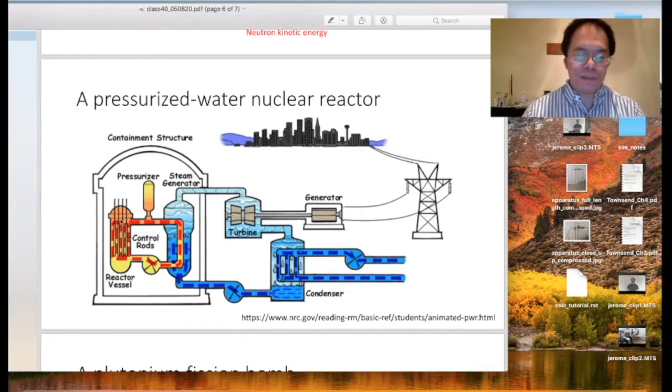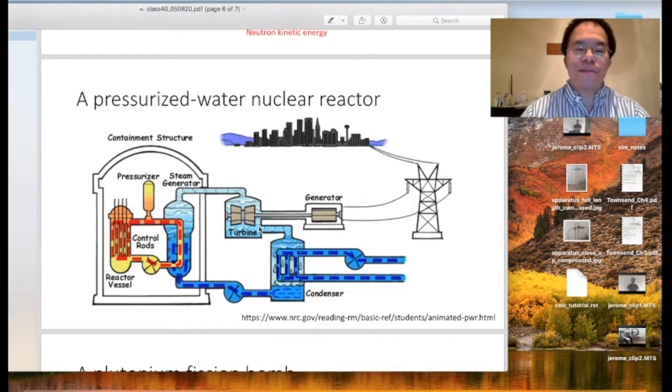What happens in a typical reactor is the heat from those fission reactions causes water to boil and make steam, and then the steam turns a turbine, and that's what spins a generator to make electricity.